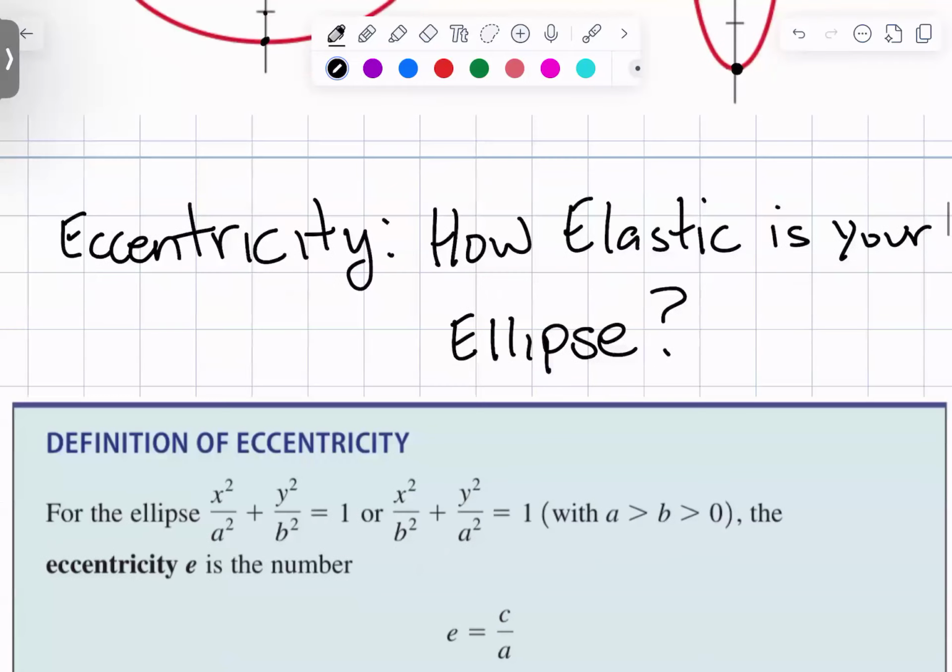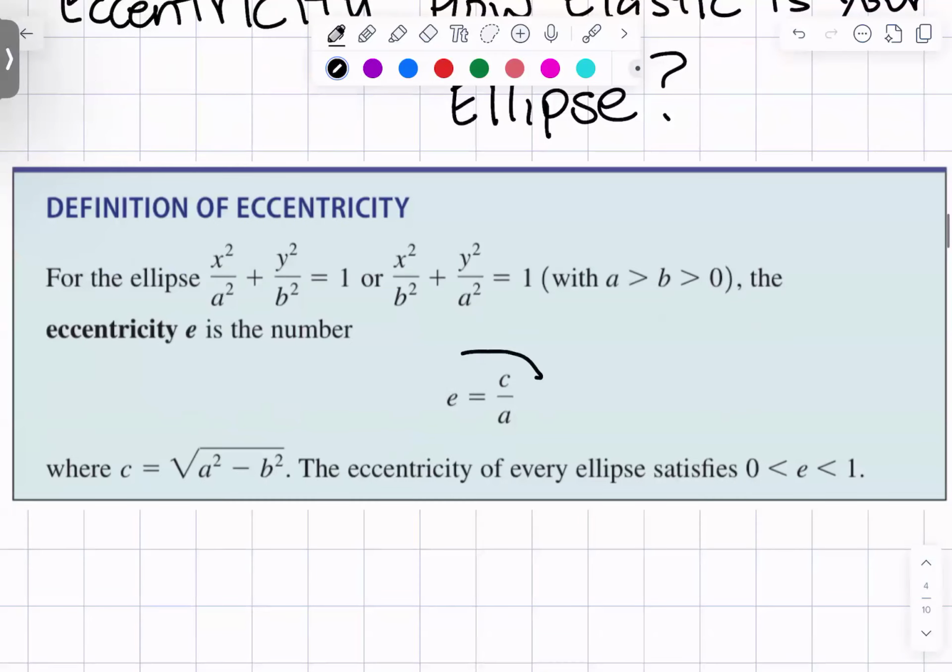So how we get that is just this number. E equals C over A. All right? And this number will always be between 0 and 1. Okay? All right? It will always be between 0 and 1. And it's just how elastic it is. Eccentricity. Okay?